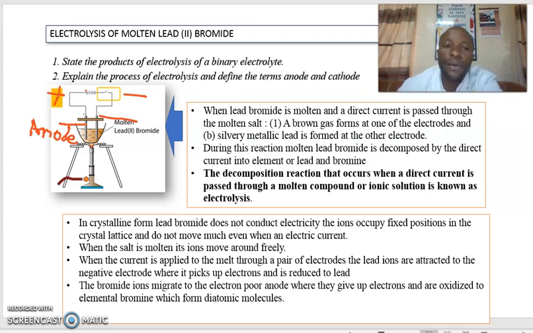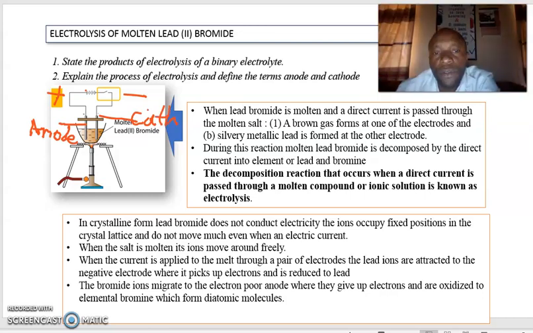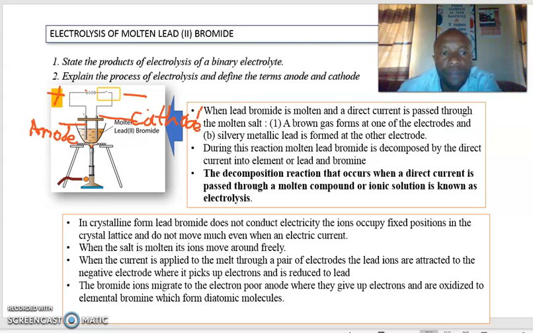It is connected to an electrode here, and this electrode we are going to refer to as the cathode. In this case, we note that at the anode is where the brown gas is going to be formed.